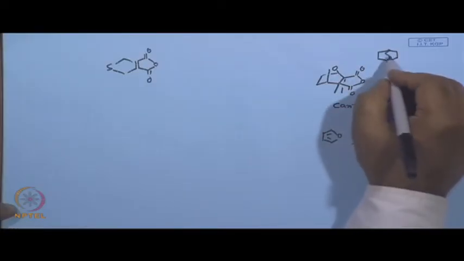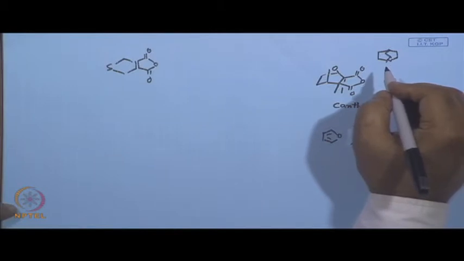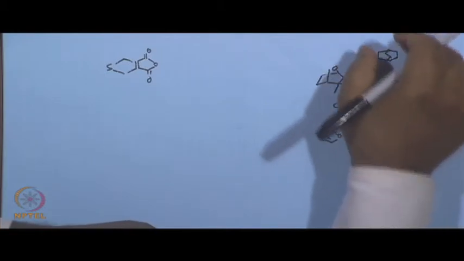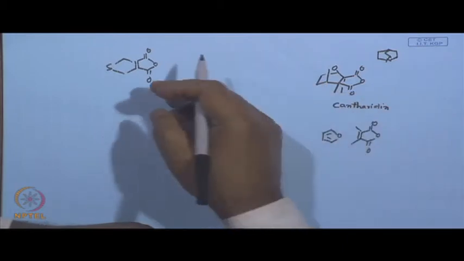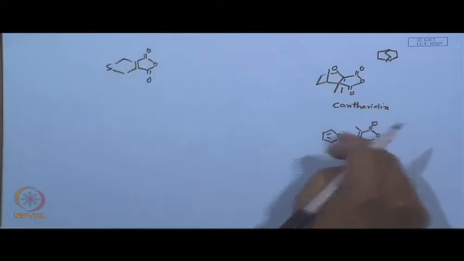I think this one is not really DABCO though, it is quinuclidine, right. Because it is tightened on one end, it is more basic. That is exactly what we did. They put these two methyl groups, but you all know this sulfur can be very easily removed just using Raney nickel.